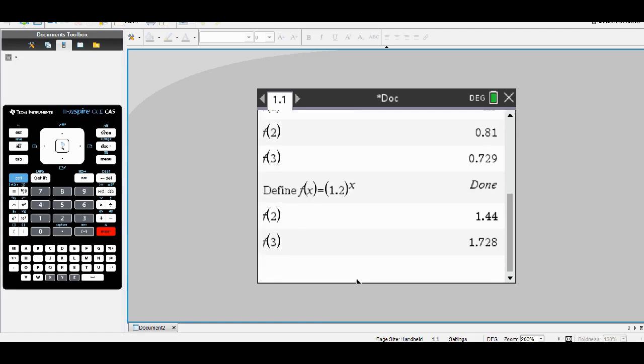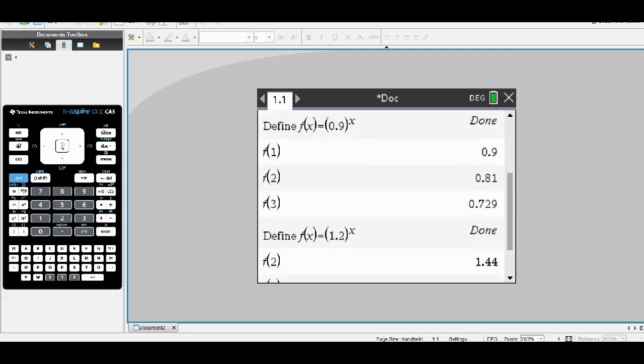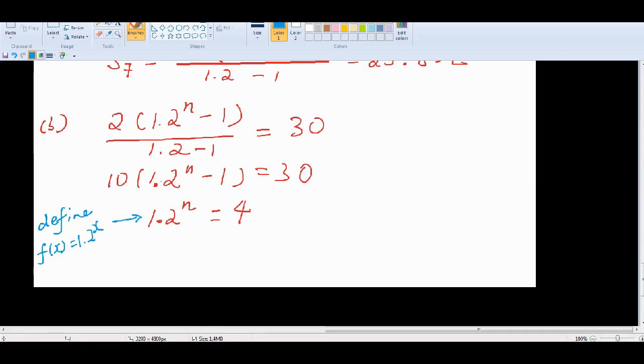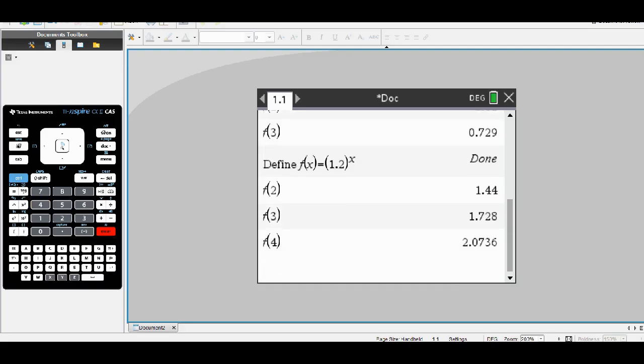So again, this one is unlike the previous one. The greater the x, the greater the power, and the greater the result. In the previous one, since the base is less than 1, the greater the power, the smaller the result. So you are looking for something which can pass that 4, right? So you keep inputting. Okay, still not there.